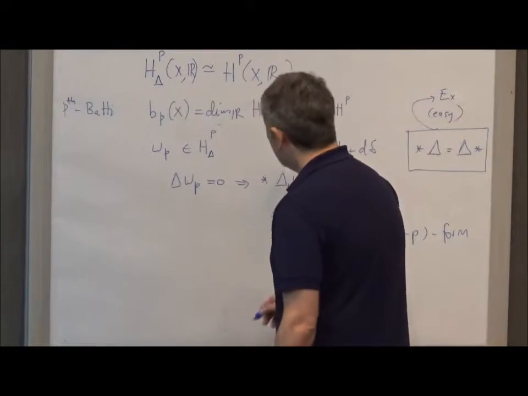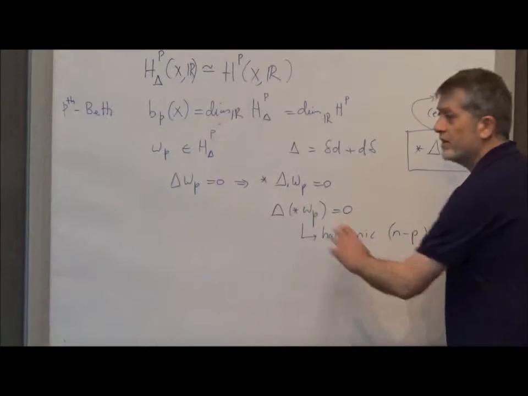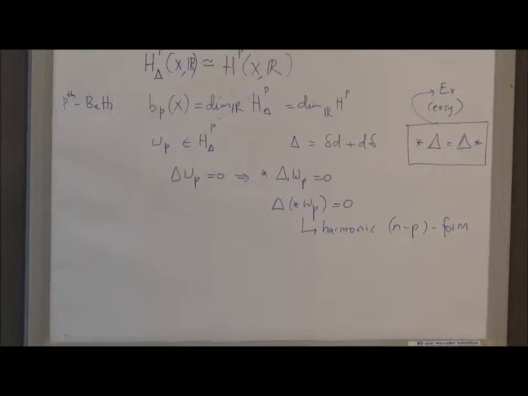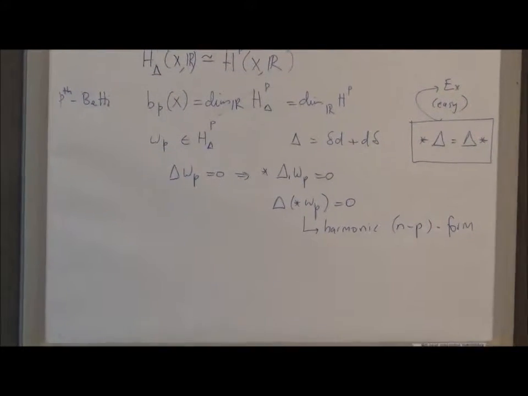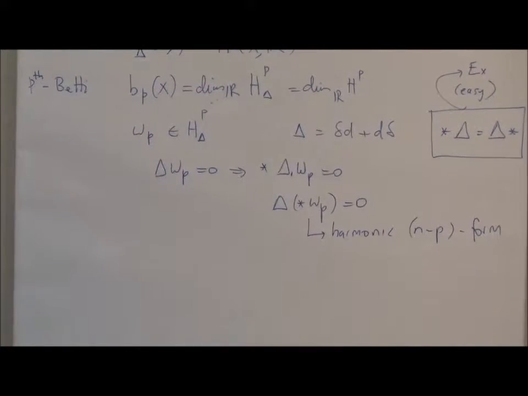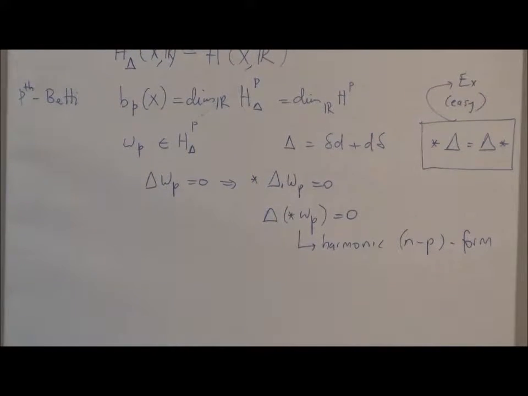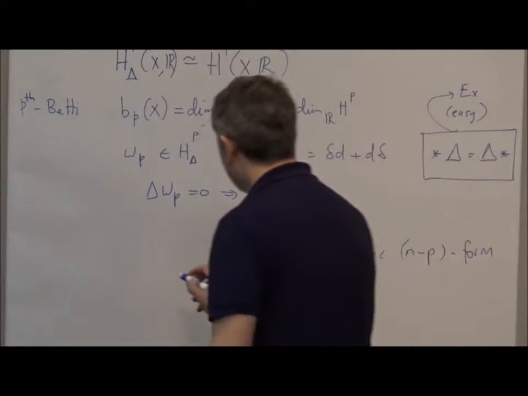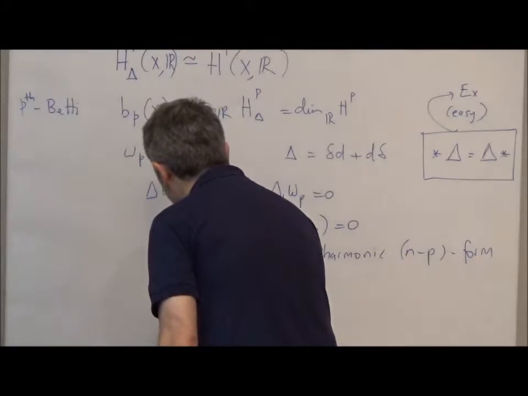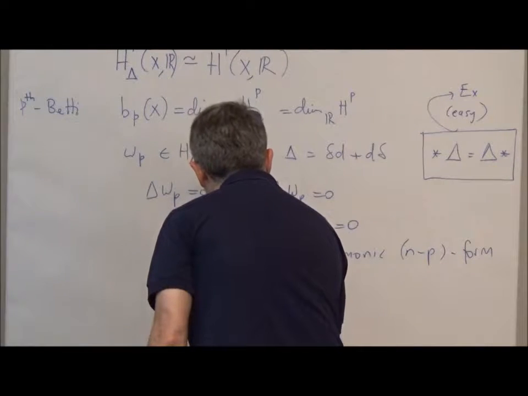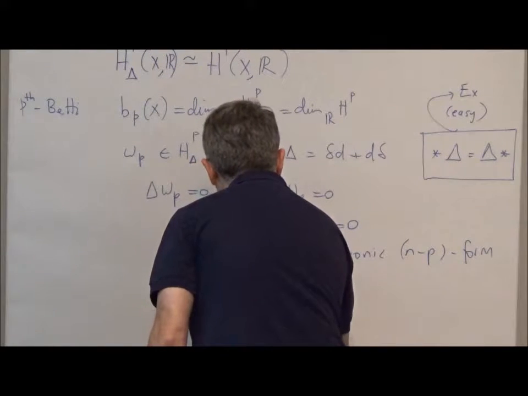And so remember, star is an invertible map. So what we've just given is a map between harmonic p-forms and harmonic n minus p forms. So we've just shown the following: H p of x is isomorphic to H n minus p of x.